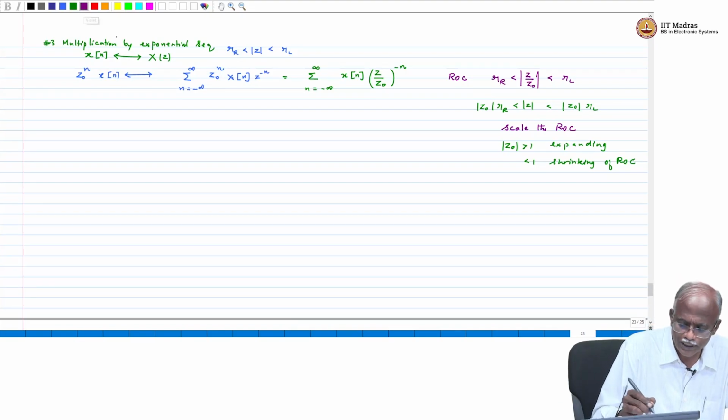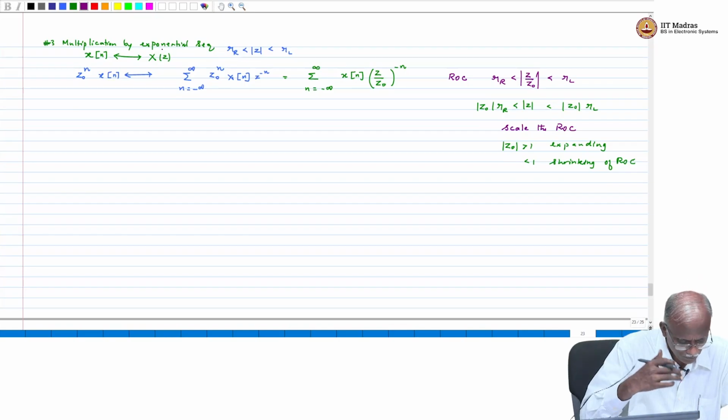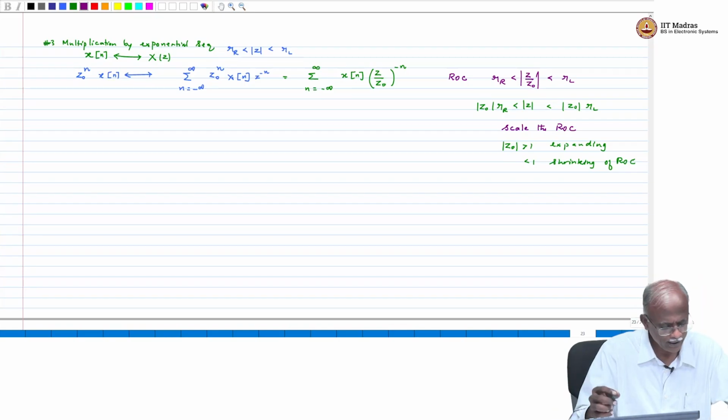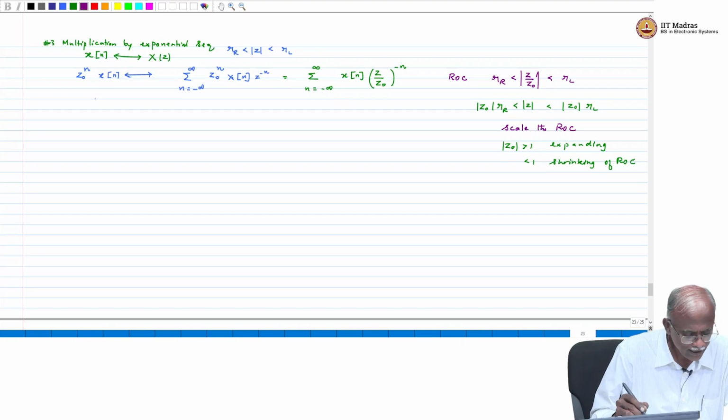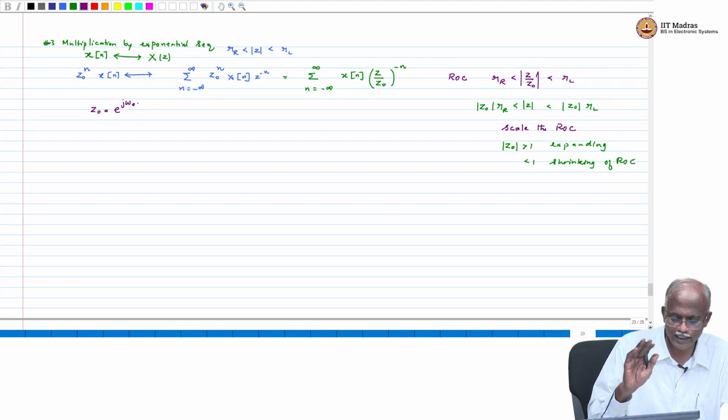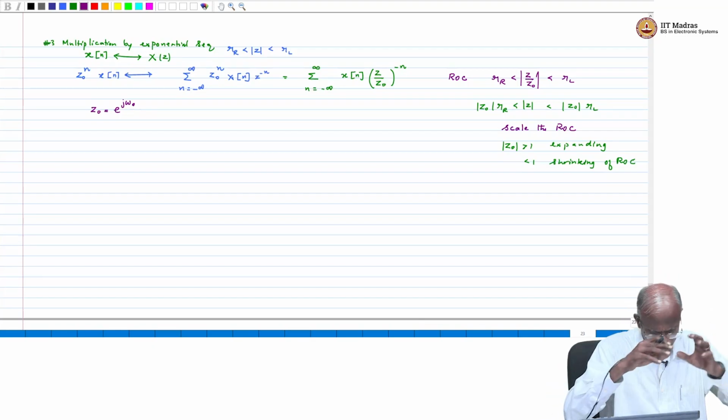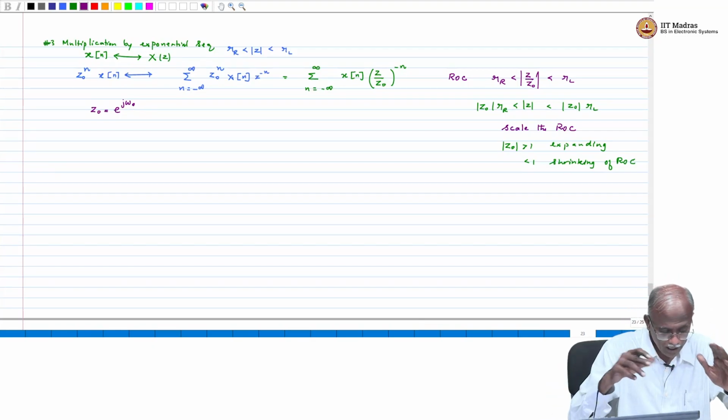So this multiplication by an exponential sequence, one of it you can of course look at in the following way. Let us take the case where z0 is of the form e power j omega naught. It's a complex exponential, not an r e power j.